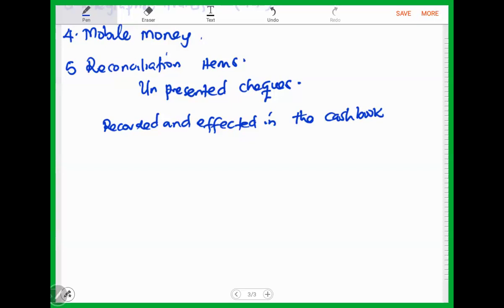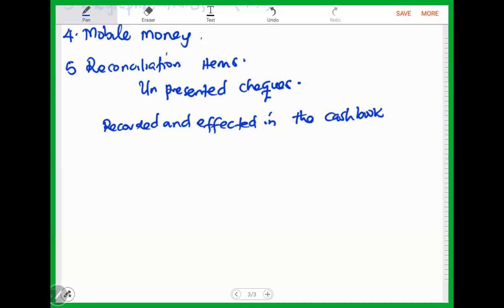That is where we're saying that these are payments that have been effected and recorded in the cash book, but the payees have not yet presented the checks to the bank for encashment. They have not yet presented these to the bank to be paid. And therefore, the bank has not made any such transaction. In such cases, there is no record of payments in the bank statement.